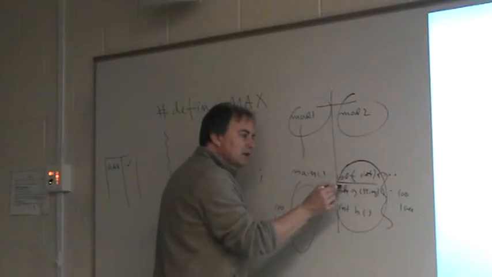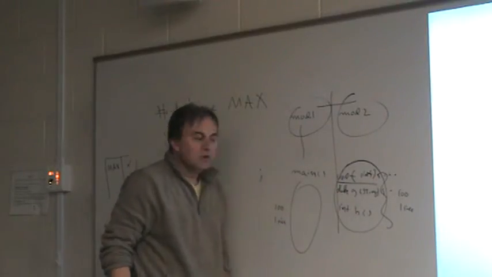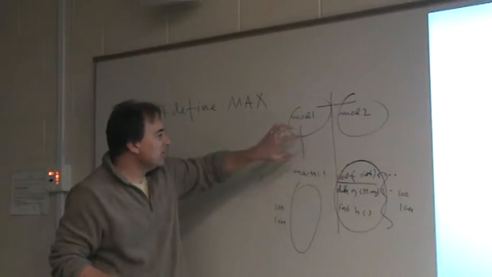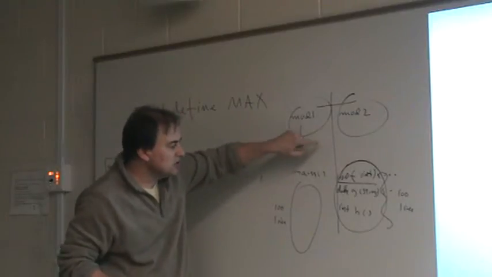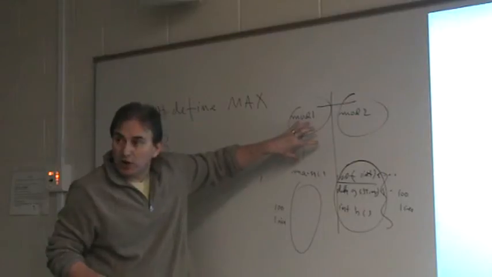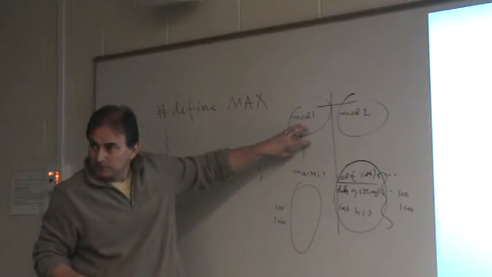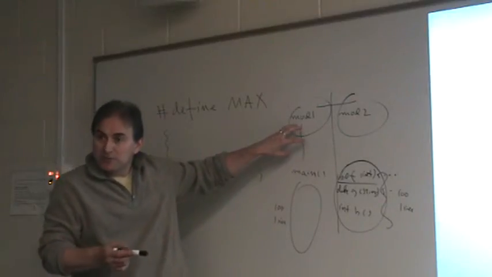Void f int, double G string, int h nothing. If he takes this code and sticks it over here, void f int, semicolon, double G string, semicolon, int h, nothing, semicolon, then those are being put up there as imports. So they will be declared by his compiler as imports.